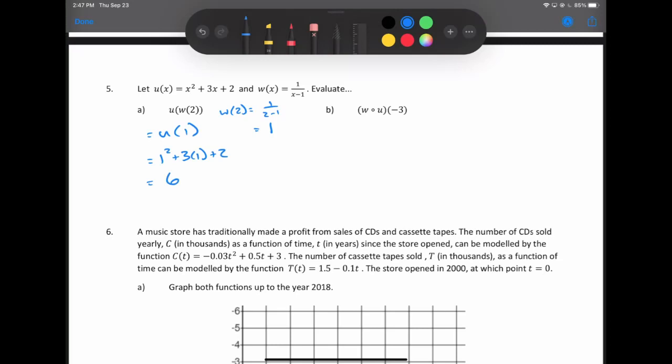Okay, so that wasn't that painful, hopefully. This one here is w at u at negative 3, if you prefer to write it that way. And again, over here, I'm just going to put u at negative 3 is equal to 1 over negative 3 minus 1, which is negative 1/4.